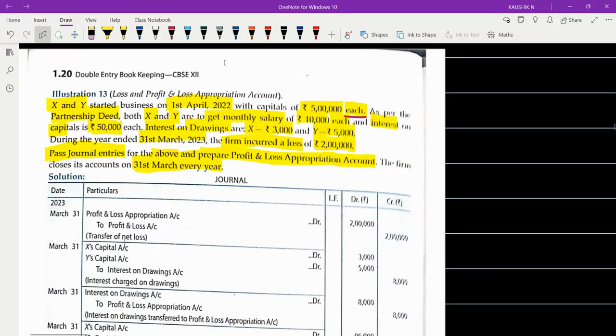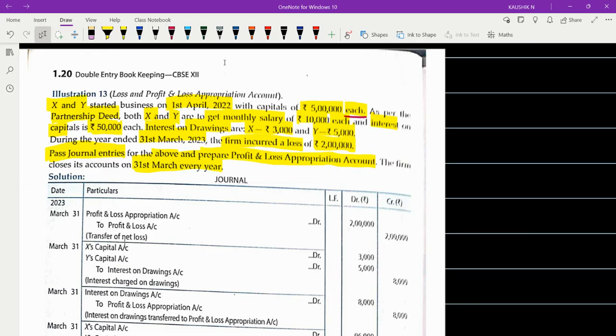There is interest to be charged on the drawings of the partners, which has also been provided. And it mentions very clearly that the firm has incurred a loss. How much is the loss value? 2 lakh.